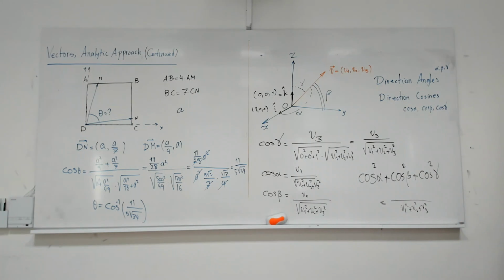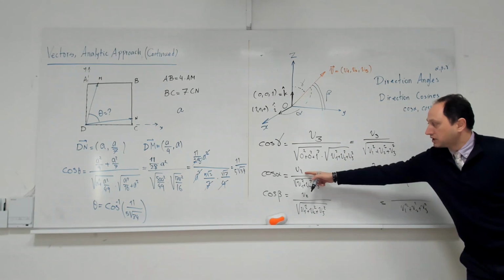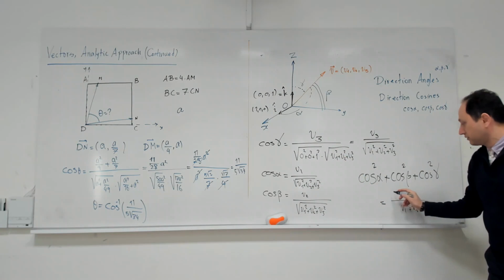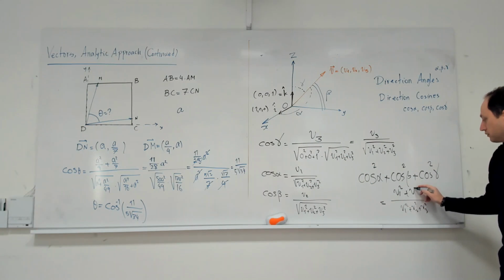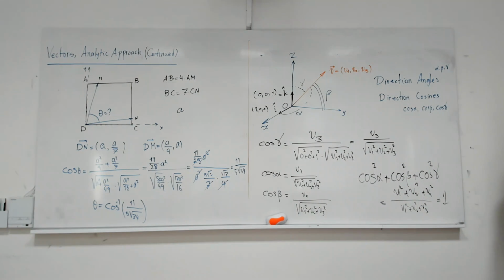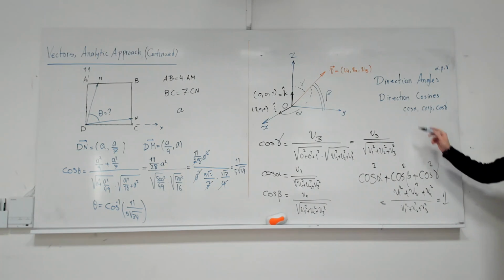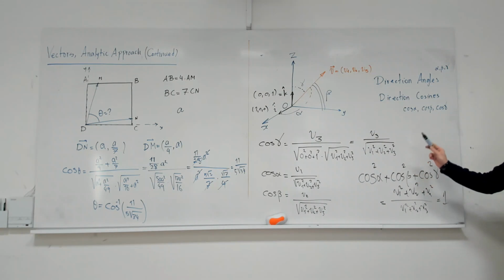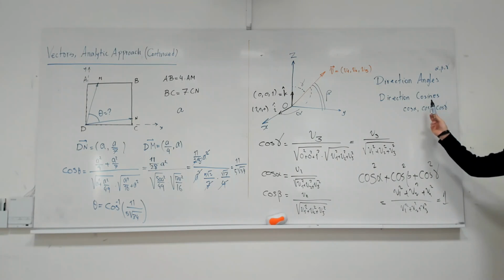Agree? The numerators become V1 squared, V2 squared, V3 squared, and the denominator is V squared. But that's exactly the same thing, so that becomes 1. That's a nice relation. The sum of the squares of the direction cosines is always 1.